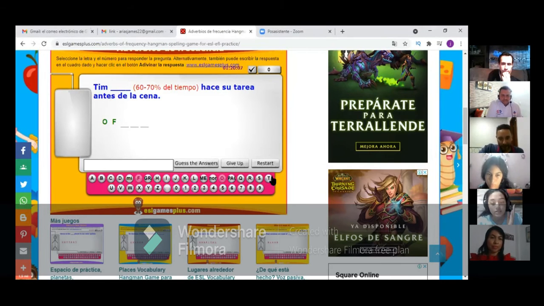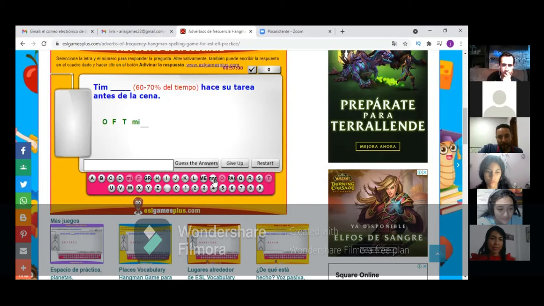T, E, T. Where is E? Often is the word. Yeah, but I don't find it, sorry. I made a mistake there. I don't have any N for often. Well, that's a little mistake. I don't know why it is in Spanish.